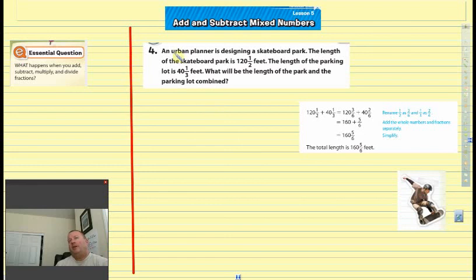Word problem time. An urban planner is designing a skateboard park. The length of the skateboard park is 120.5 feet. The length of the parking lot is 40 1/3 feet. What will be the length of the park and the parking lot combined? So in other words, they want the length of the skateboard park, and we're combining with the length of the parking lot.